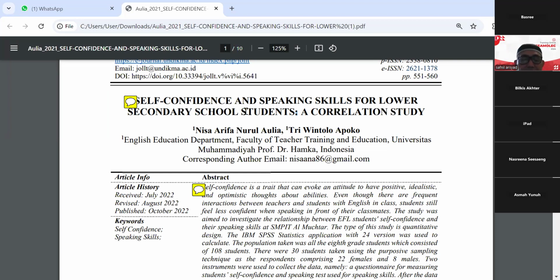Because the compound has two parts, the content can contain two parts also. The first part is the topic, self-confidence and speaking skill, and the second part is the method used in the study, a correlation study. So there are two types of content included in this title, right?